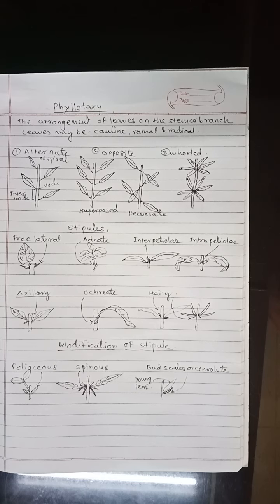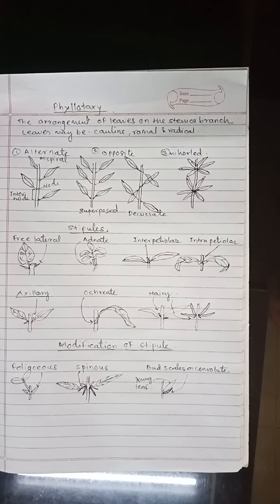Then next topic is stipules. Stipules are the small lateral appendages present on either side of the leaf base. They protect the young leaf or leaf primordia. Leaves with stipules are called stipulate, and those without them are called exstipulate.